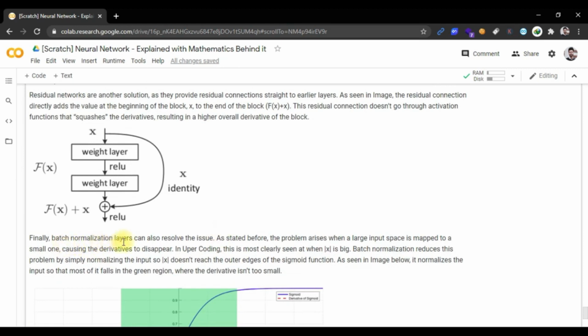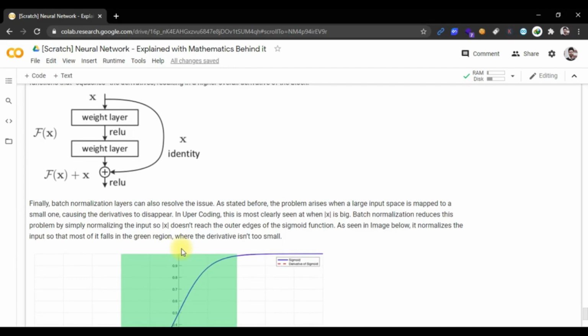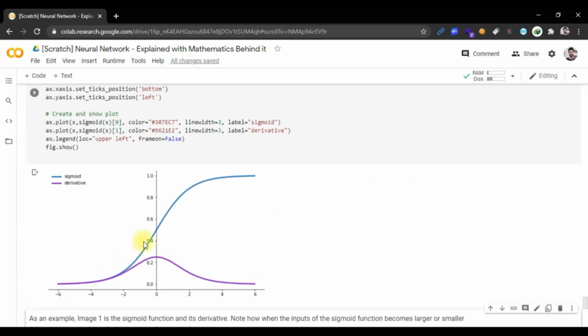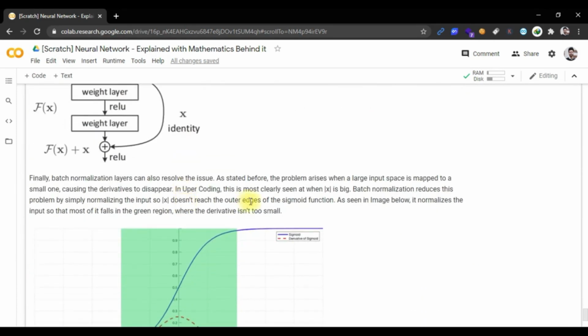Batch normalization is needed because the problem arises when a large input space is mapped to a small one, which causes the derivatives to disappear. As you can see clearly here, when the inputs are big, batch normalization reduces this problem by normalizing the inputs so they don't reach the outer edge of the sigmoid.